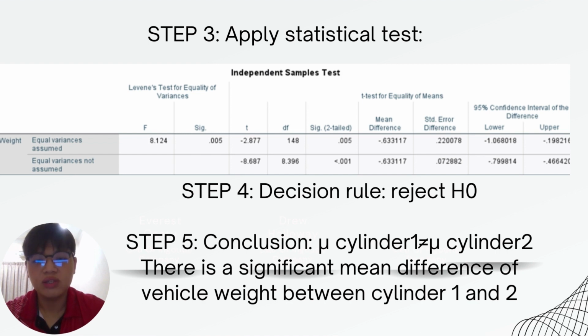So when it comes to step 4, the decision rule is to reject H0. And step 5, conclusion: we can conclude that weight mu cylinder 1 is not equal to weight mu cylinder 2. There is a significant mean difference of weight between cylinder 1 and cylinder 2.